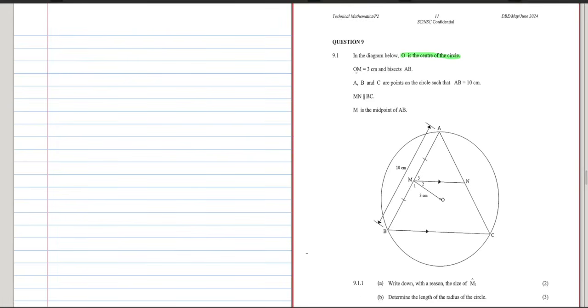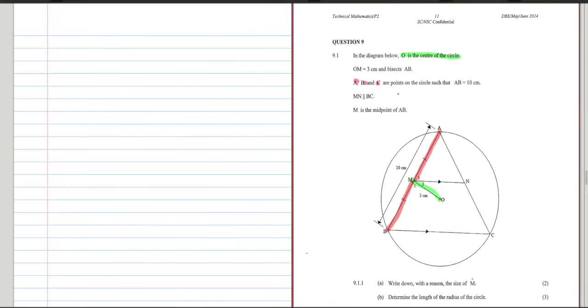Then we are given OM. Would this be a radius? Of course not. That's not a radius, it's just a line. OM equals 3 centimeters and bisects AC. Oh, I see. That's theorem 1: a line from the center that bisects a chord.